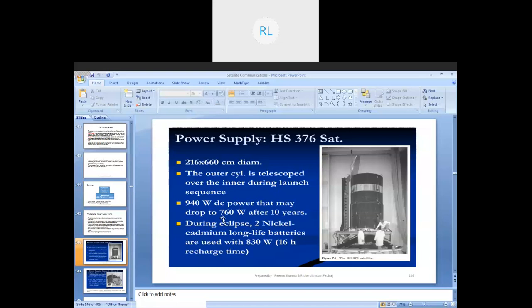Even after 10 years, its efficiency holds. As I told you, we were using lithium ion, then we started using nickel cadmium, and a lot of enhancements are happening. As I was mentioning in the previous class, graphene is also extensively researched.